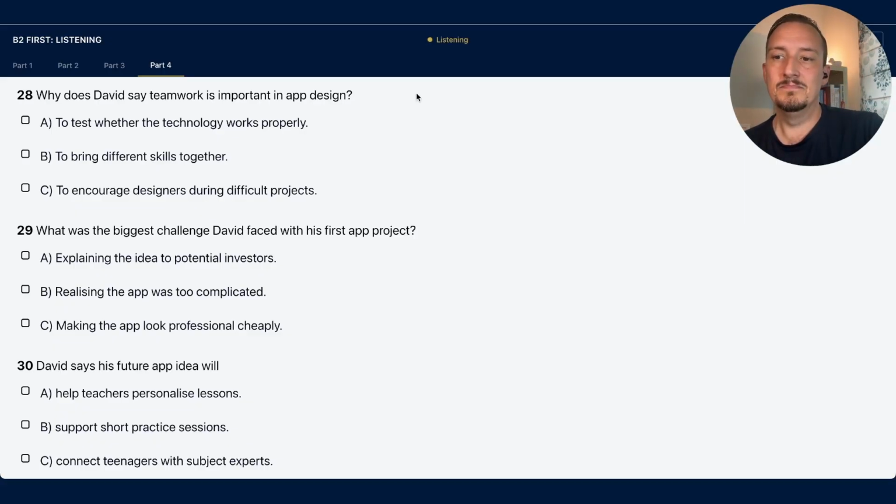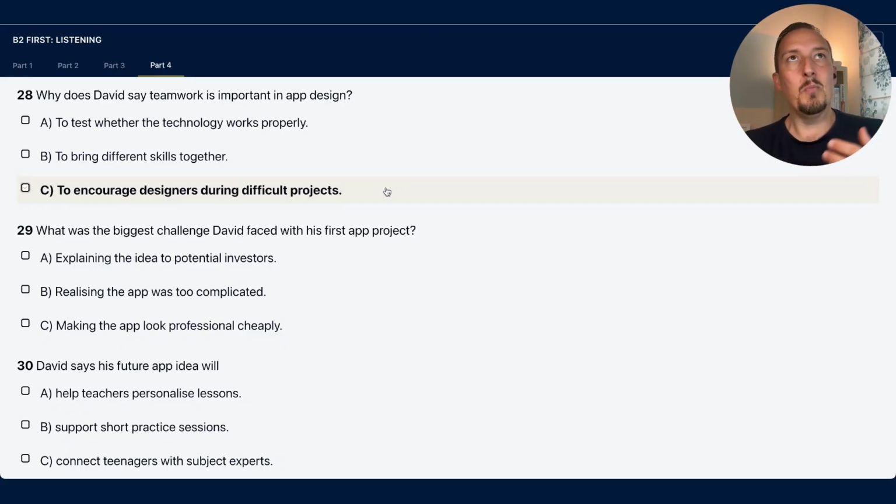You can spend days trying to fix one small problem, and it's easy to lose confidence. That's when someone saying, let's try this another way or come back to it later, can really help keep everyone going, or can really help encourage people during difficult projects.